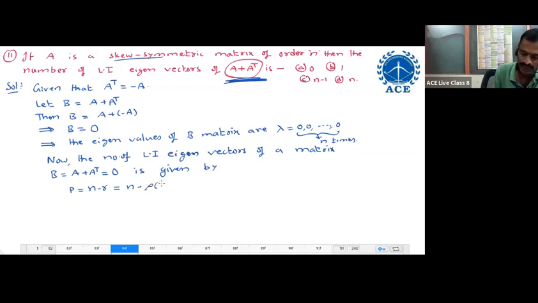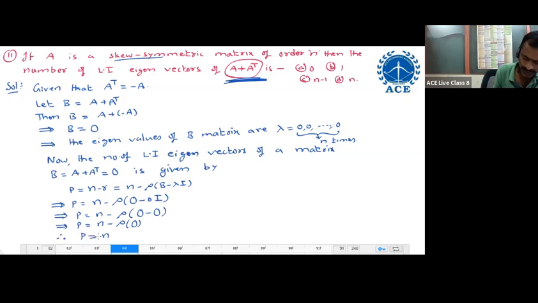R is the rank of B minus lambda I, which implies P equal to n minus rho of, but B is the 0 matrix. For the 0 matrix, the eigenvalue is 0. So 0 into I, which implies P equal to n minus rho of the 0 matrix minus 0 into I matrix, which is the 0 matrix. Finally, the rank of the 0 matrix equal to 0. Therefore, P equal to n minus 0 equal to n. It is the answer. The number of independent eigenvectors is n.